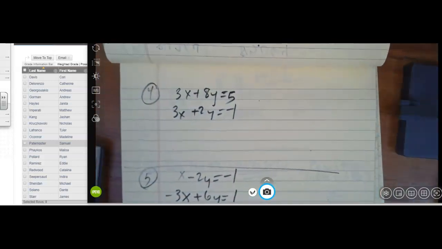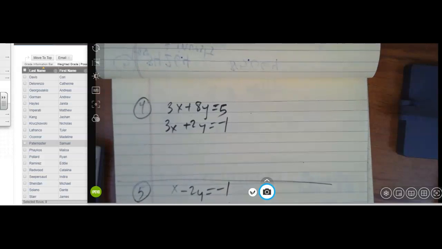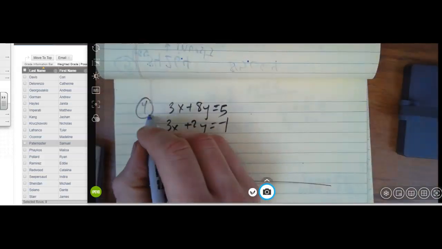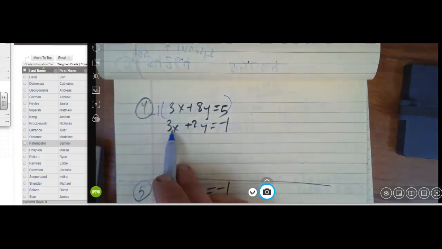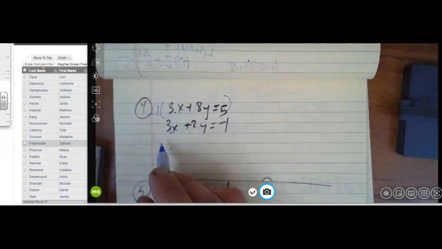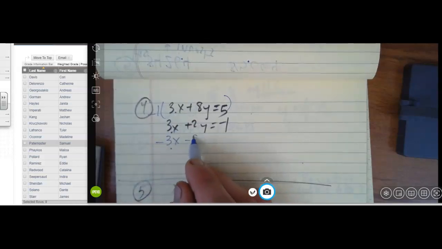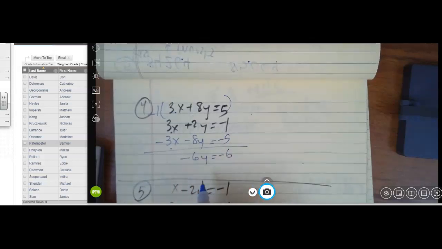Now number 4. You're going to want to multiply the top one by negative 1 and see what happens. What you're trying to do is eliminate one variable. If you have 3x, what do you have to do to make it negative 3x? Multiply by negative 1. So you should get y equals 1.